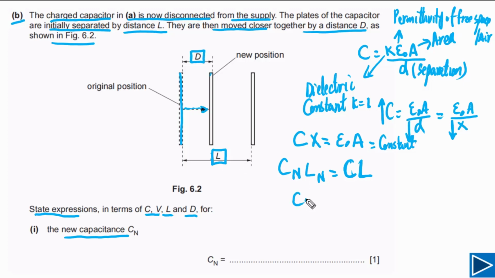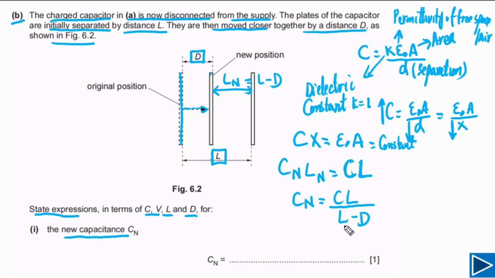So we can simply rearrange. Cn will be equal to CL divided by Ln, where Ln is the new distance between the plates, and Ln is equal to L minus D. So Cn is equal to CL divided by L minus D. This is the new capacitance.